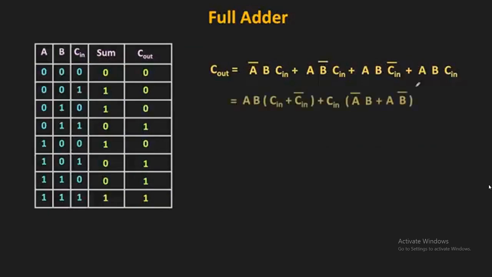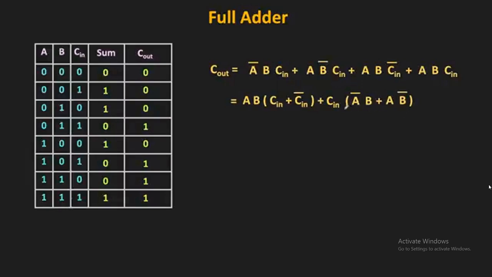So if we see the last two terms, the expression AB will be common, so let's take it outside. Similarly, in the first two terms, C in will be common.